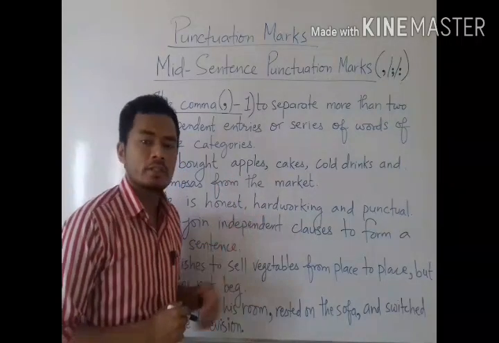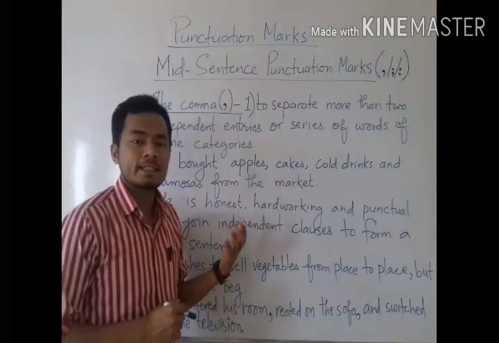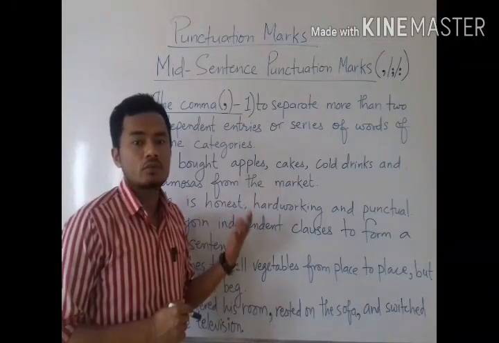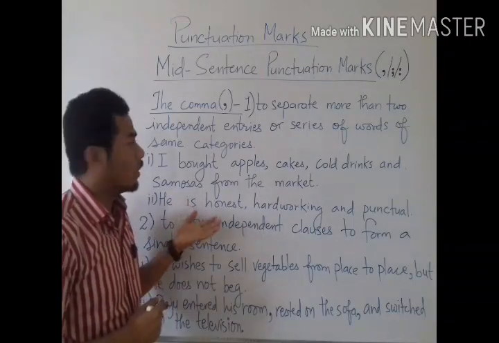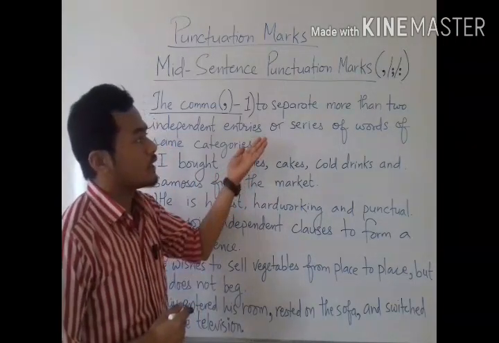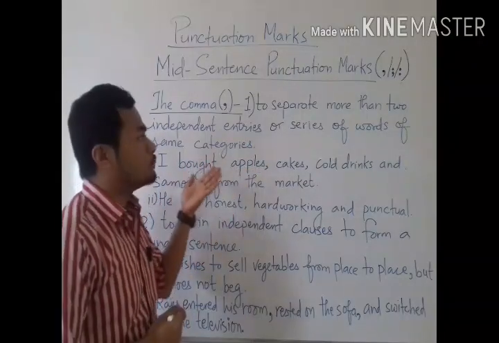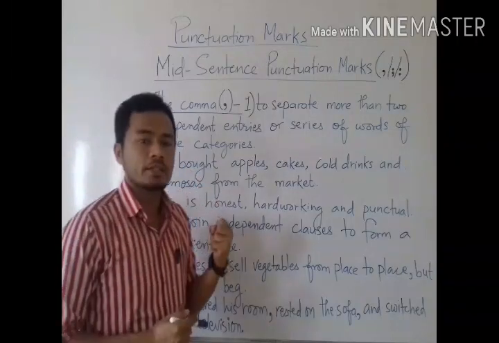We are going to discuss 10 conditions in sentences in which we have to use a comma. I have written on the board condition number 1: comma is used to separate more than two independent entries or a series of words of the same category.